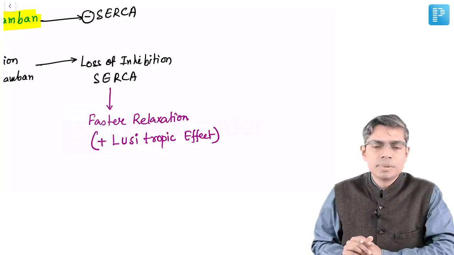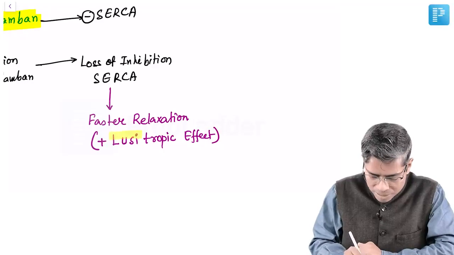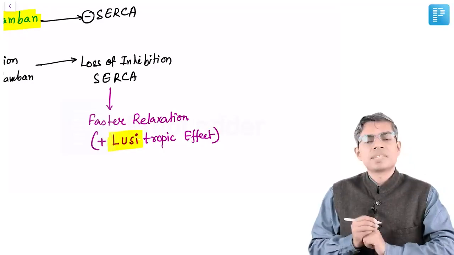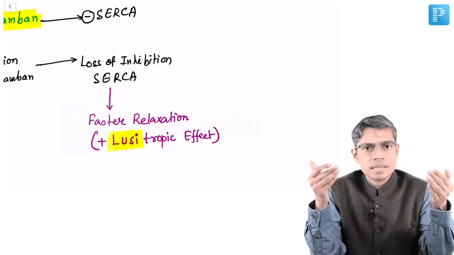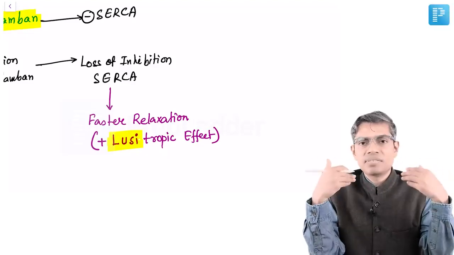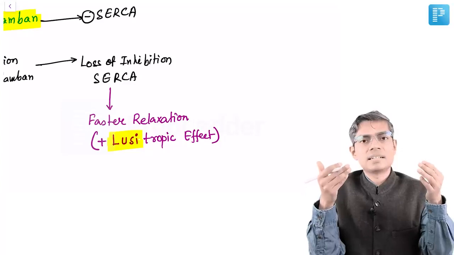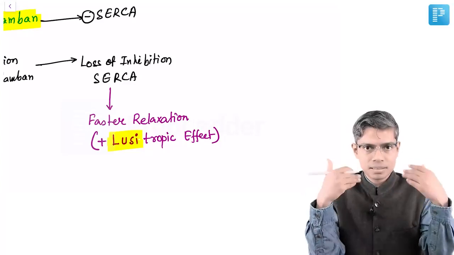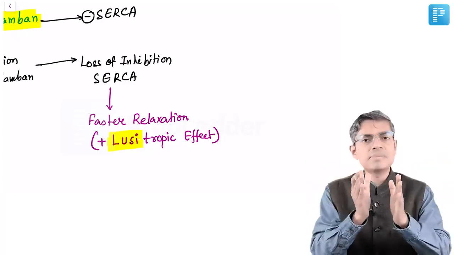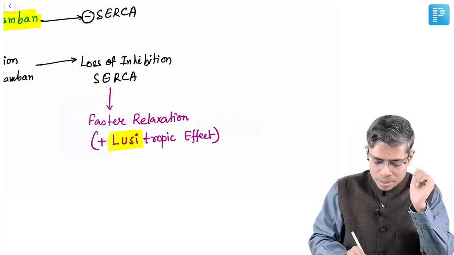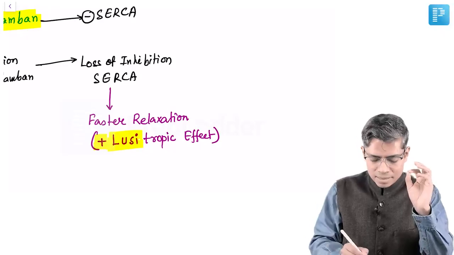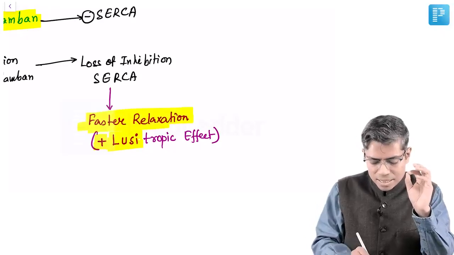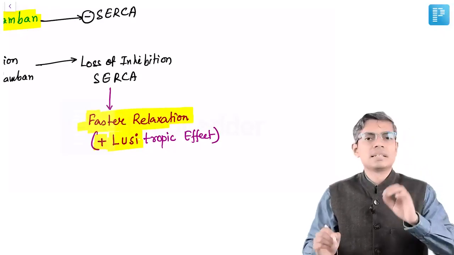So this positive lusitropic effect is related to relaxation of the myocardium. If the relaxation is becoming faster, means relaxation time is decreasing, that is known as positive lusitropic effect. So positive lusitropic means faster relaxation, decrease in total relaxation time, right?